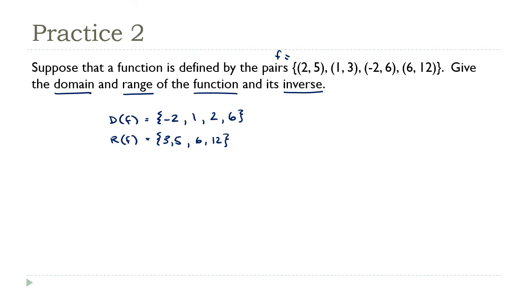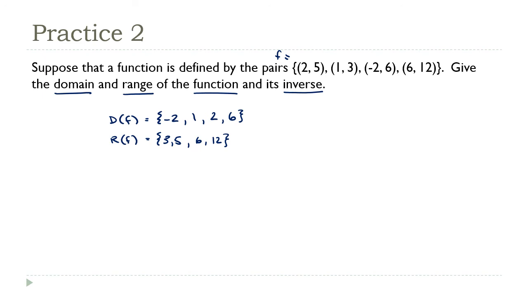Okay, now I want to do this for the inverse. Well, look, I'm going to shortcut this enormously. Remember, the domain is all the x's. Well, remember, the x's and y's switch. So the x's for the original function are the y's for the inverse, but the y's are the range.